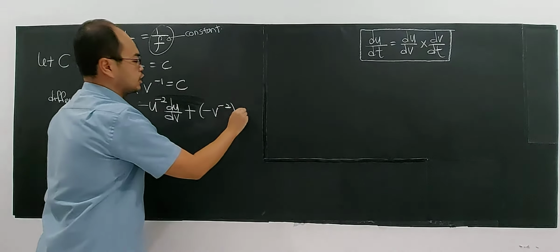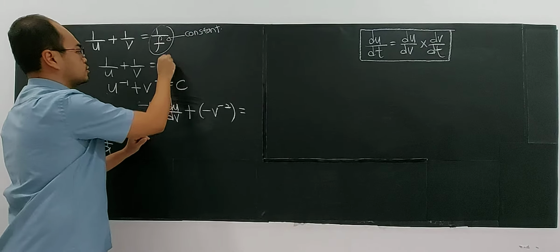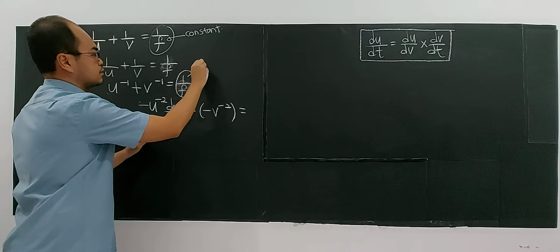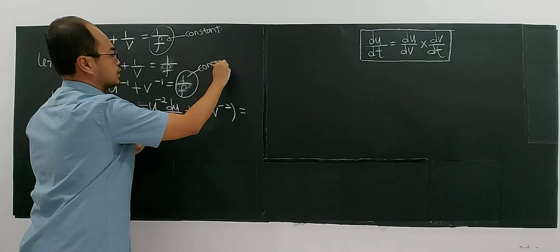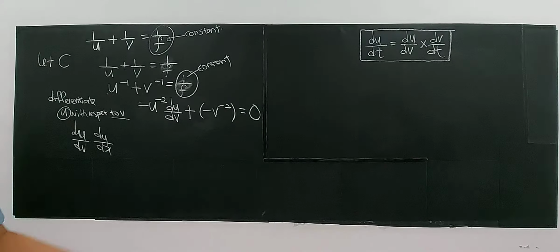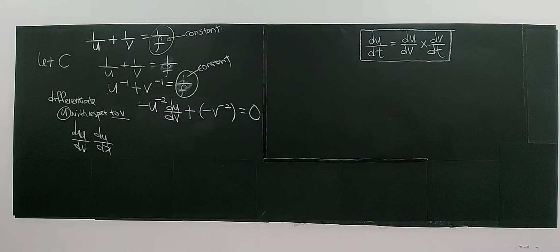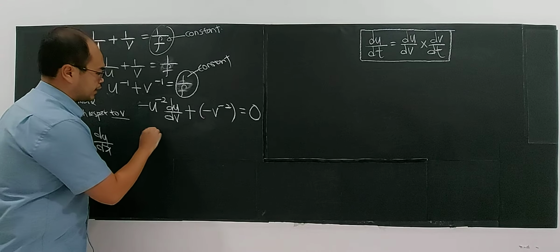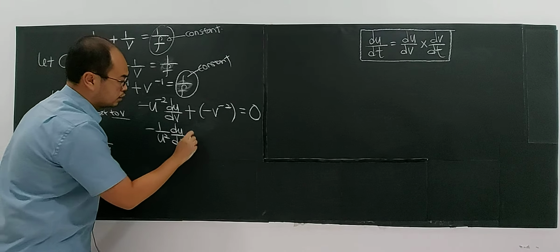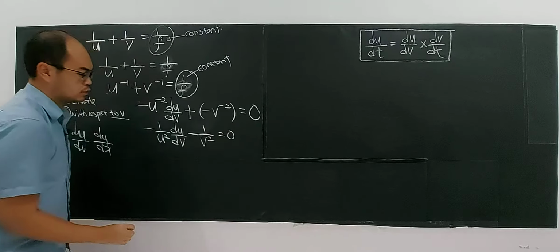You can replace the constant with c, but it's okay if you don't, because when you differentiate a constant you get 0. That is the most important thing you must know. So then you have -1 over u to the power of 2 times du/dv, minus 1 over v to the power of 2, equals 0.